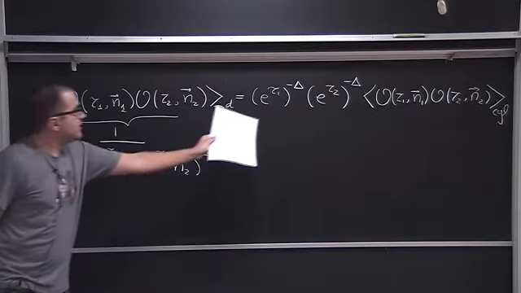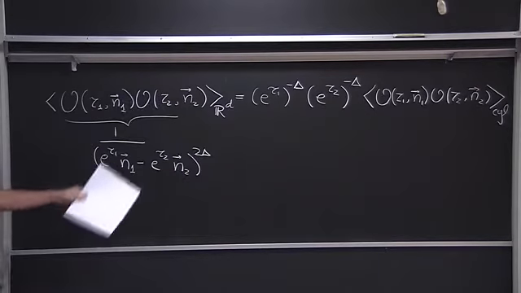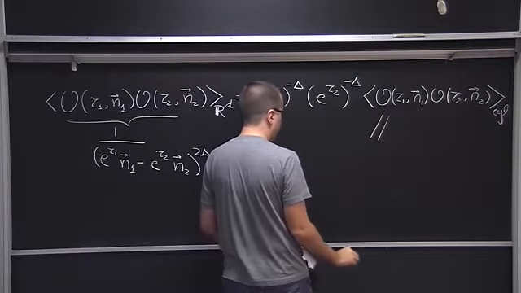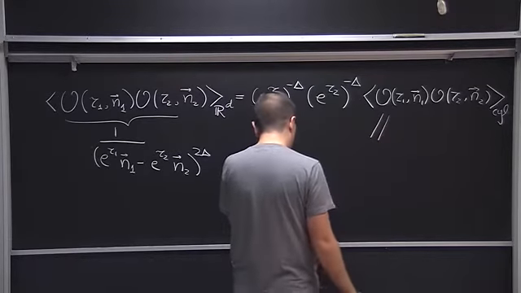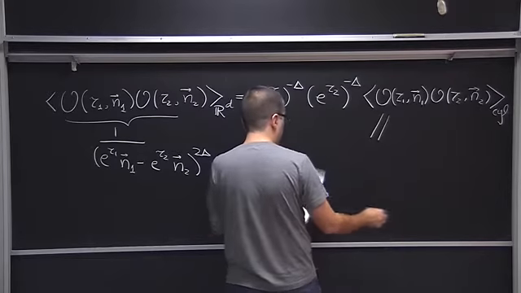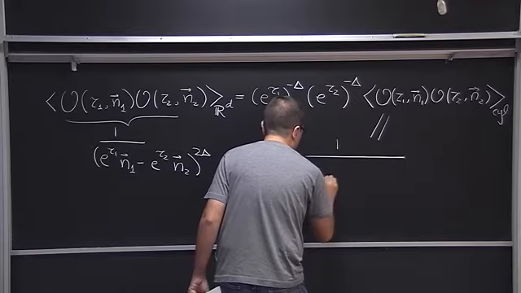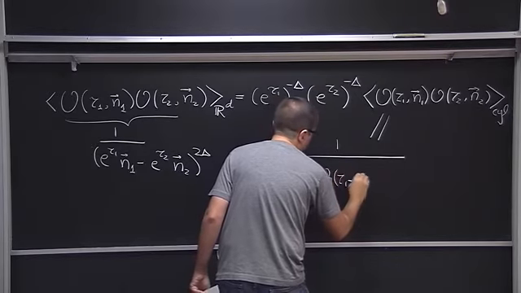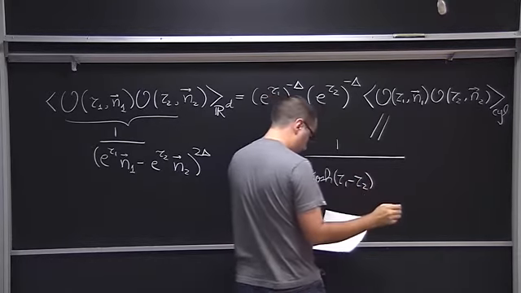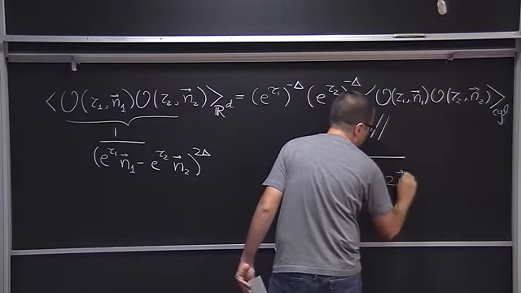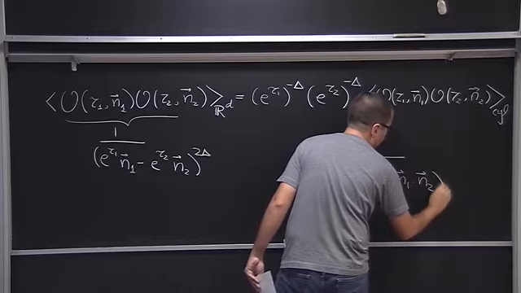I multiply these exponentials to the other side, and I massage it a little bit, and we conclude that this expectation here is equal to, let me write the result, and then together we look at it and see that it's obvious, 1 over (2 cosh(tau1 minus tau2) minus 2 n1 dot n2) to the power delta.